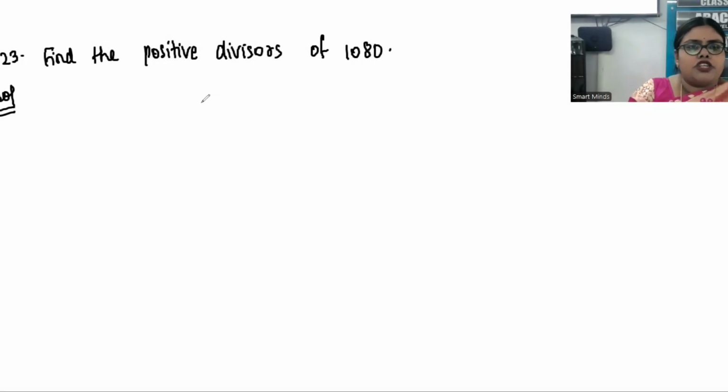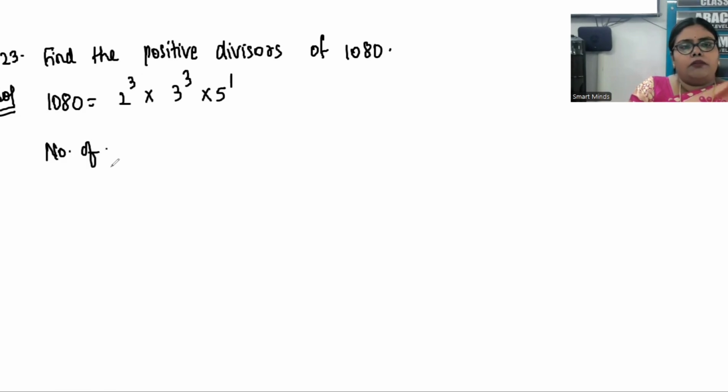Now take the next question. Find the number of positive divisors of 1080. So here if we take the prime factorization of 1080, we find that 1080 can be written as 2 cube into 3 cube into 5 power 1.